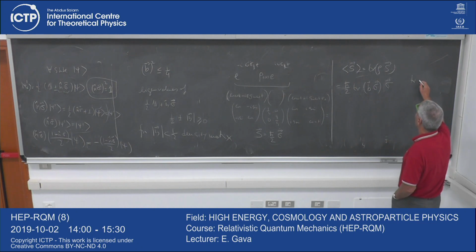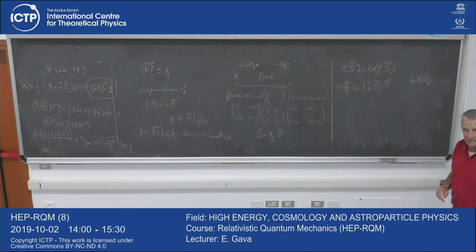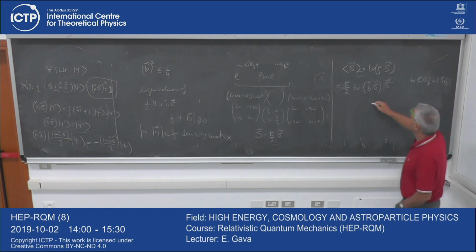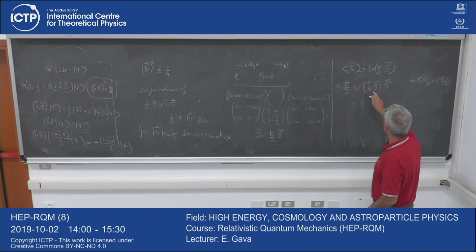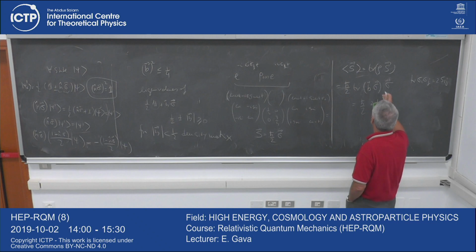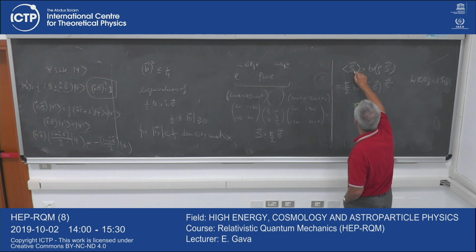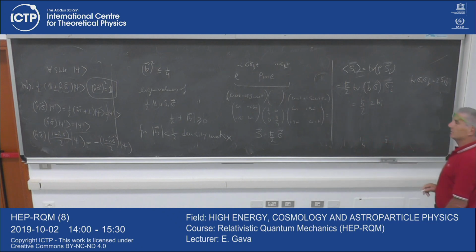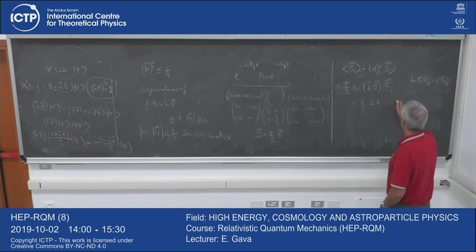Now trace of sigma i sigma j is 2 times delta ij, right? So then you get h bar over 2, another 2 coming from here, so h bar b i. I denoted the expectation value s i.